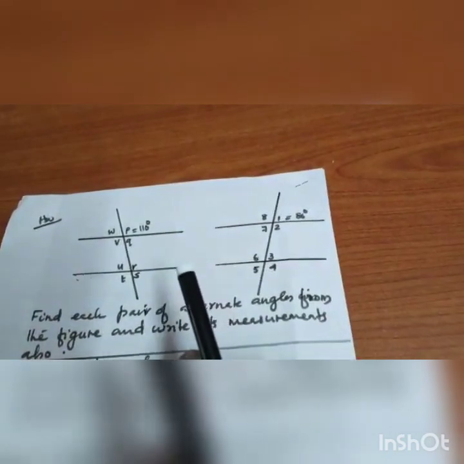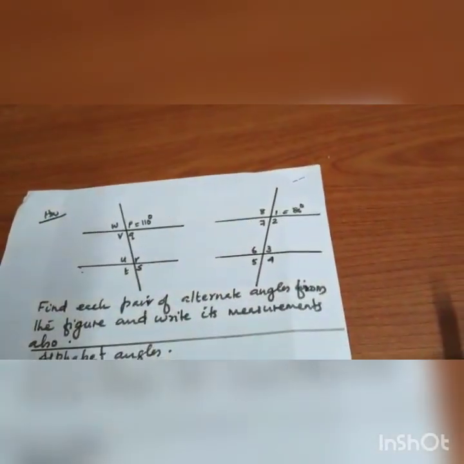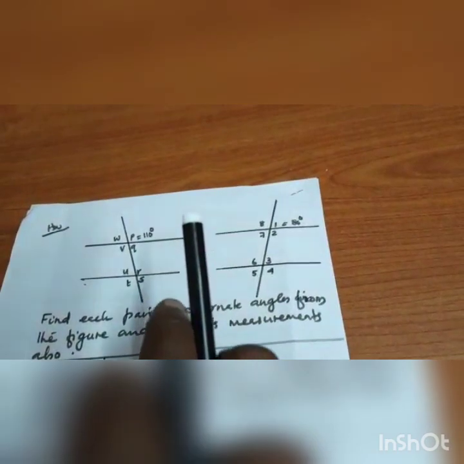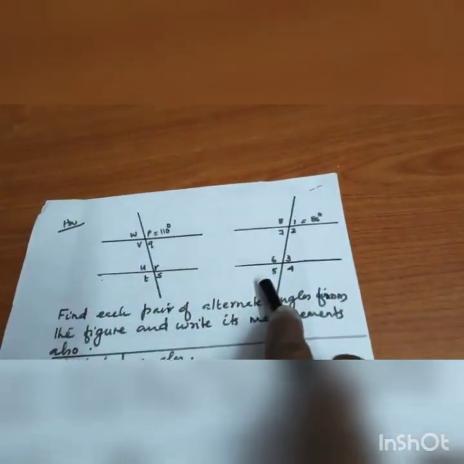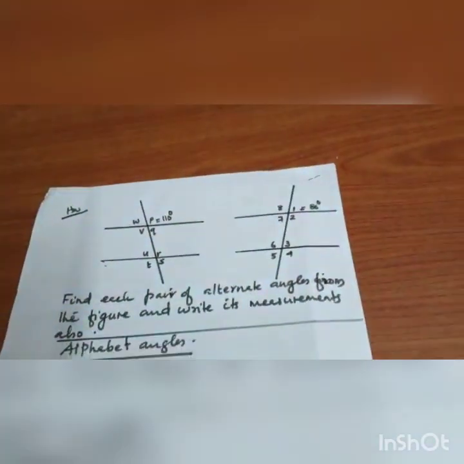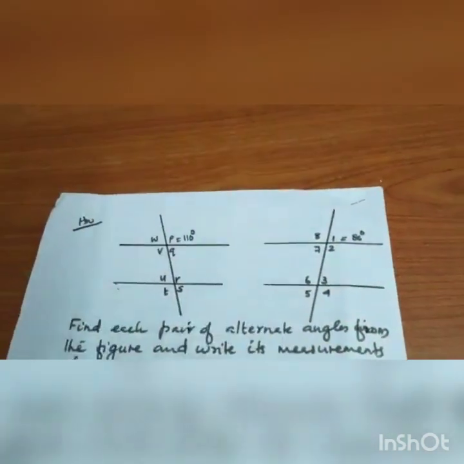In this class, I am going to explain the homework. Listen very carefully and answer what I want you to write. Here is a pair of parallel lines. One angle is given for you.